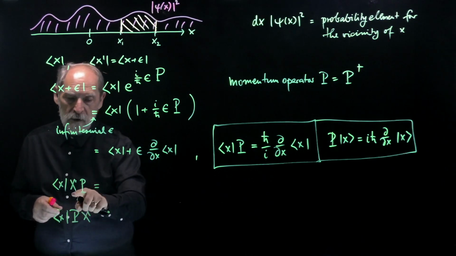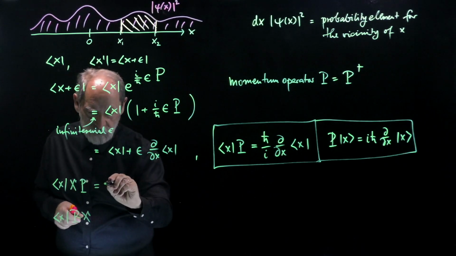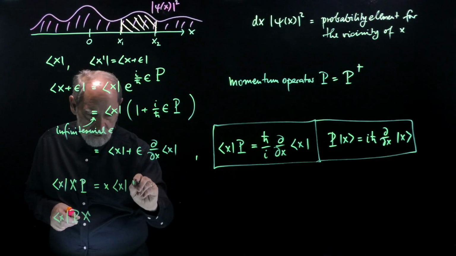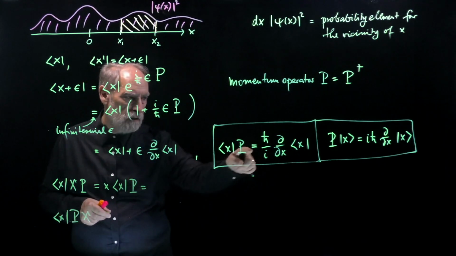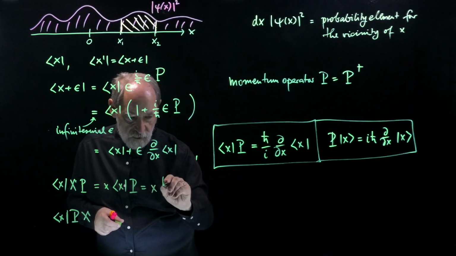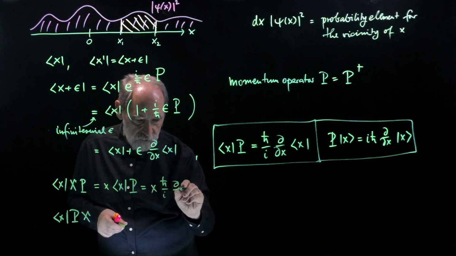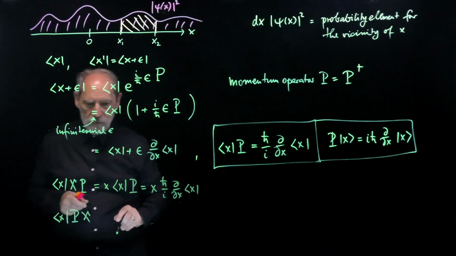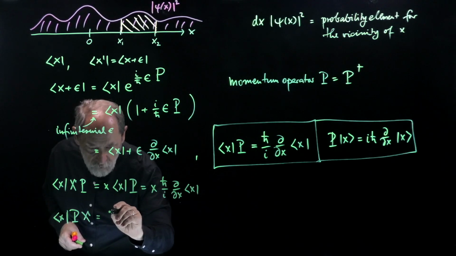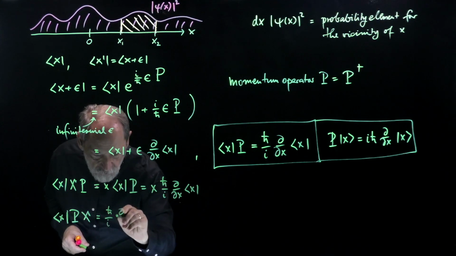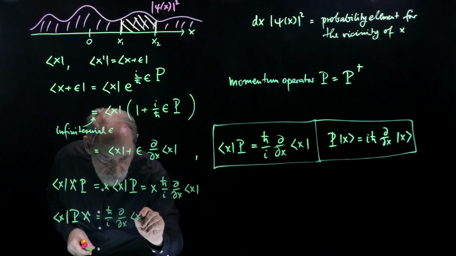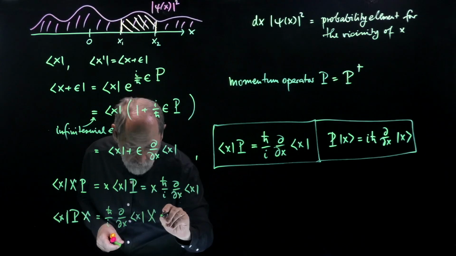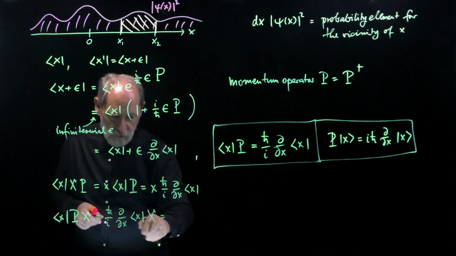So here it's very simple. First we apply the position operator, that gives us the value x, and then the p is applied. And here we read off, this is x, and then h bar divided by i, the derivative of the x bra. Now here we begin with h bar divided by i, the derivative of the position bra, and then the position operator is applied. But now we apply this and it becomes a number.